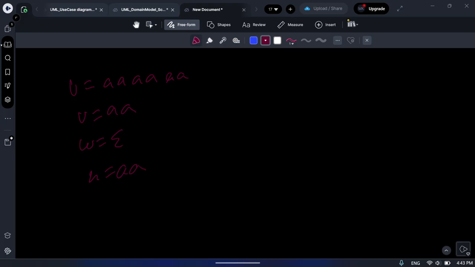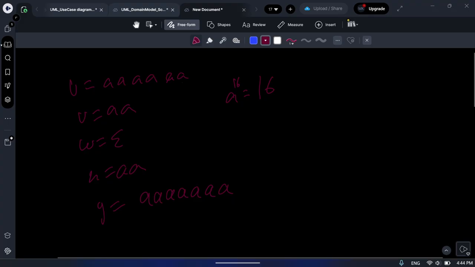X is aa, and Y is the remaining a's. Our initial a count was 16, and that's the a distribution. Counting them out, there is an extra one somewhere.